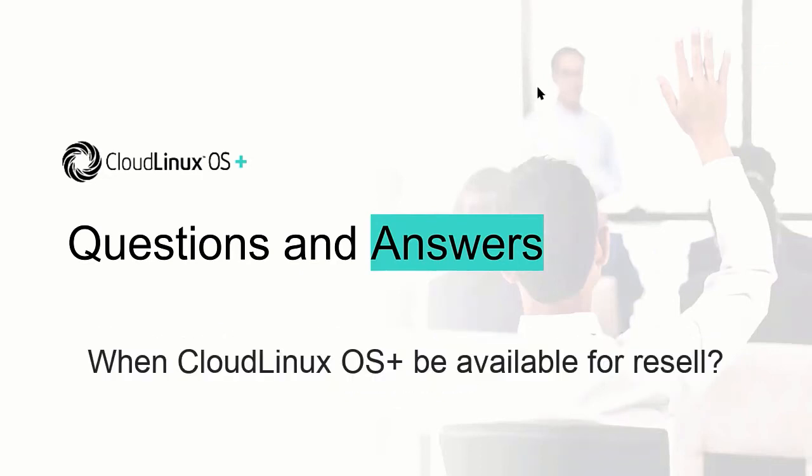Thank you, Igor. Okay, so Jasper's asking, talking about utilizing CLOS Plus from a reseller perspective. And reselling, and let me make sure I'm getting your question. As a reseller of CLOS Plus, the issue is that several of the features of CLOS Plus are available only to direct customers because of the CLN access for our CloudLinux portal.